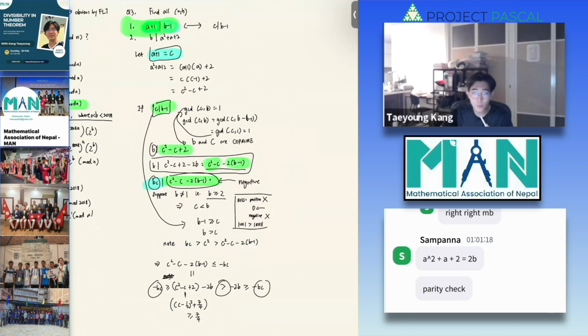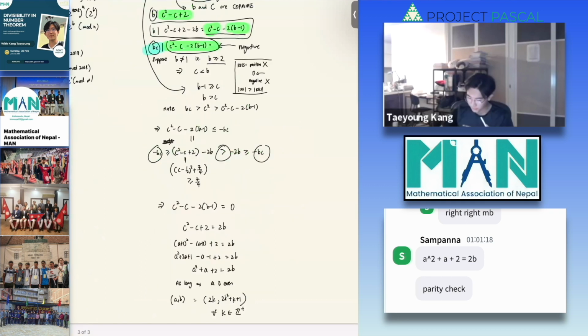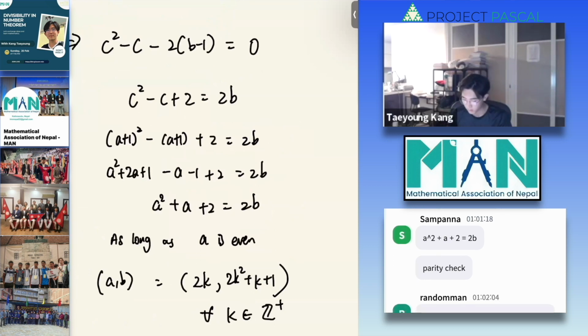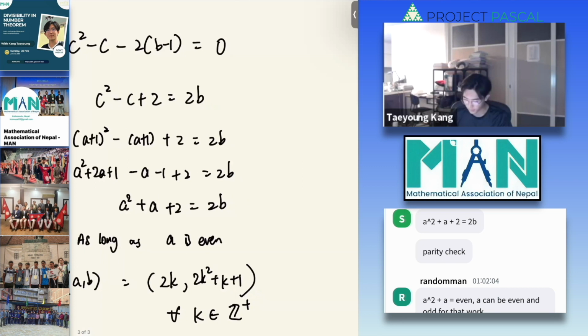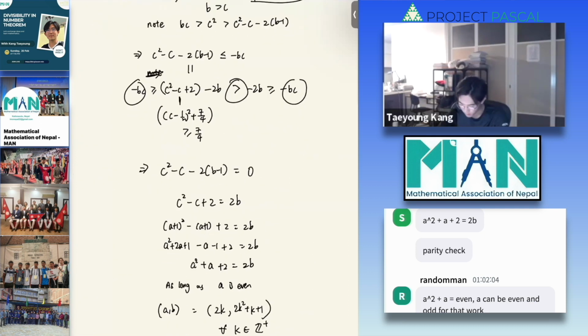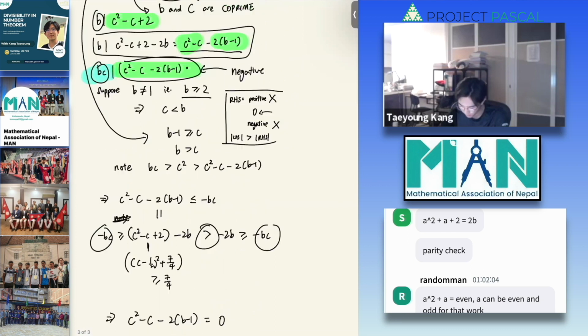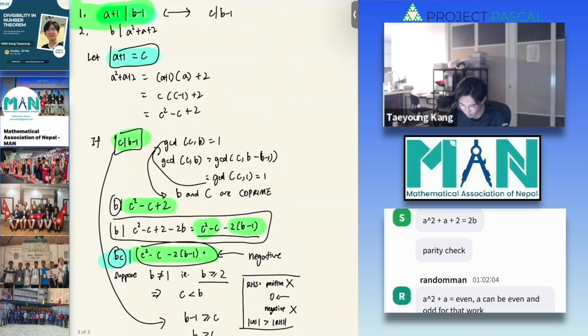Can you please clarify where we ruled out odd solutions for A? Oh, we ruled out odd solutions for A because if A is odd, wait, give me a second.